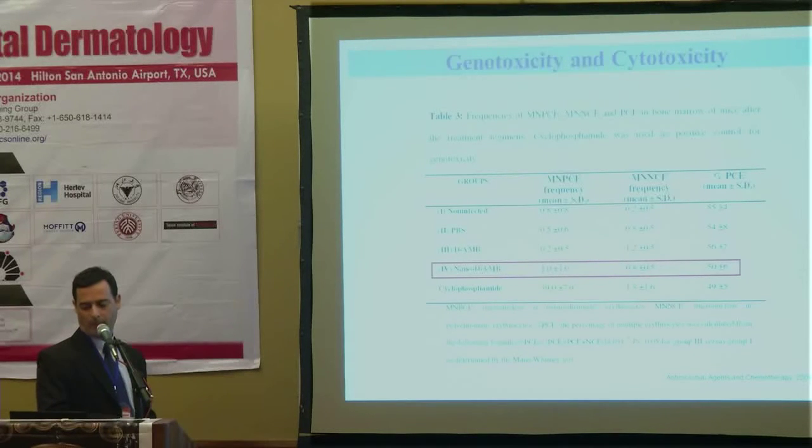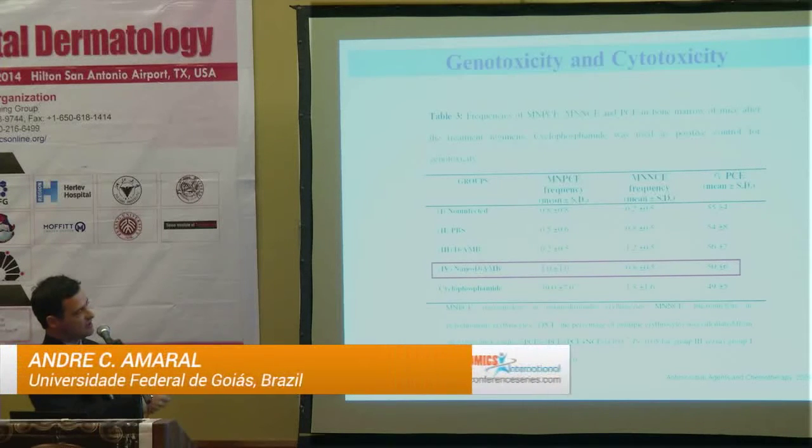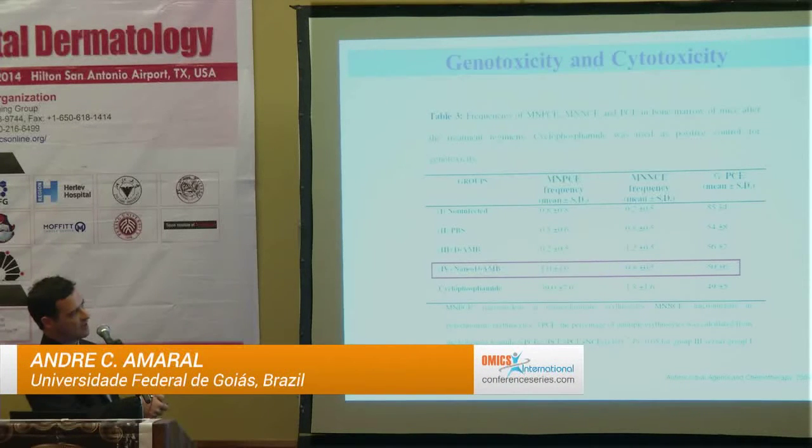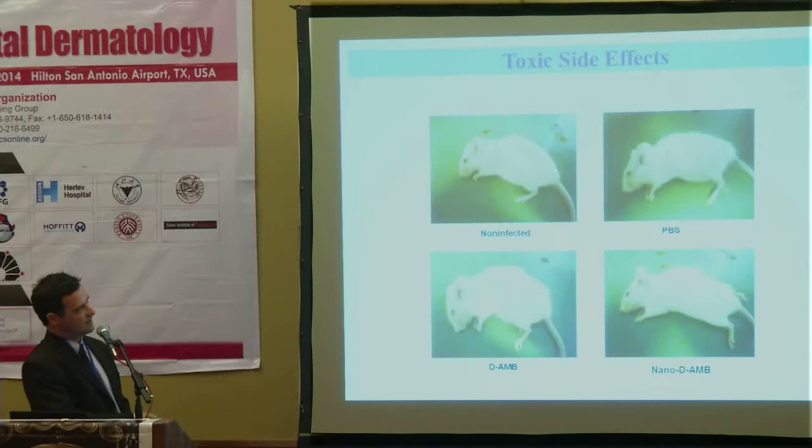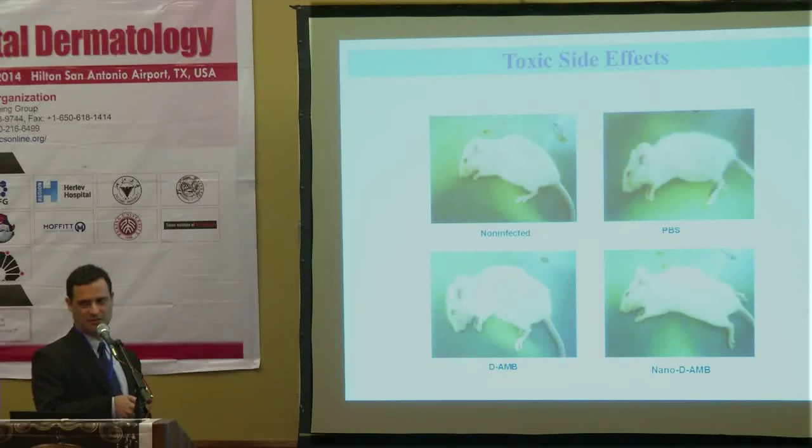And also, our formulation prevented the genotoxicity effects caused by amphotericin B, that can be seen here. I don't like very much to show this picture because it's a sad picture, but it's necessary.